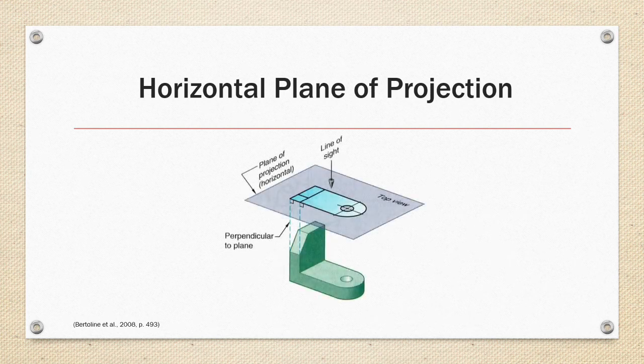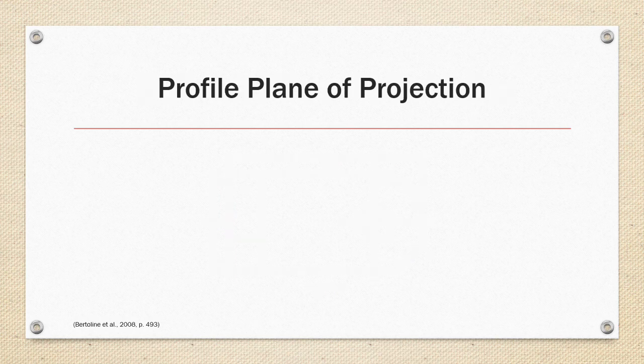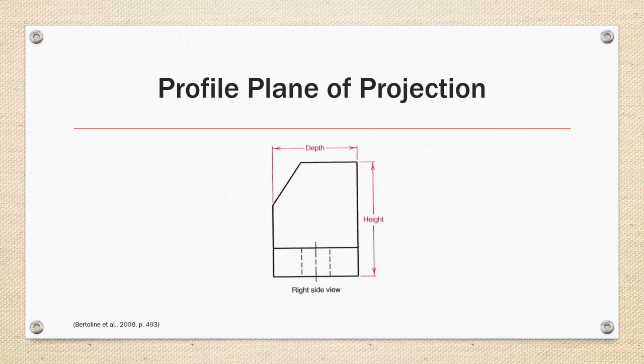In this next example, the viewer is observing the object with the horizontal plane of projection between them and the object to arrive at the top view of the object, describing depth and width. In this last example, the viewer is observing the object with the profile plane of projection between them and the object to arrive at the right side view of the object, describing the depth and height.